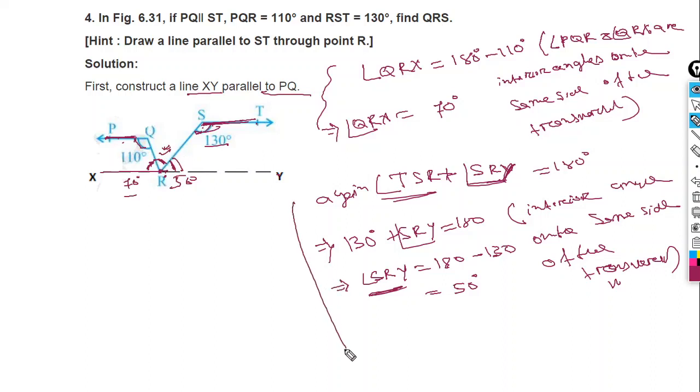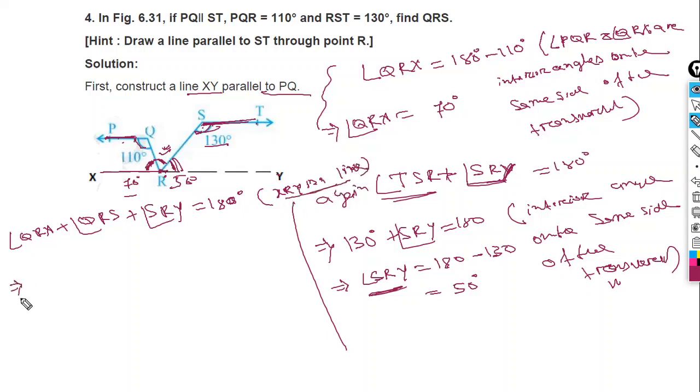Here again we'll write angle QRX plus angle QRS plus angle SRY is equal to 180 degrees. Why? XRY is a line. So this is the reason.